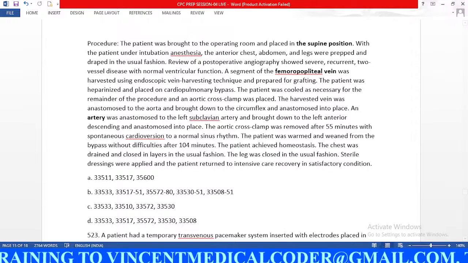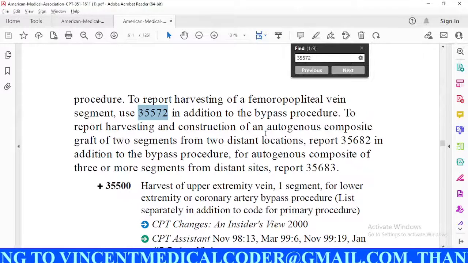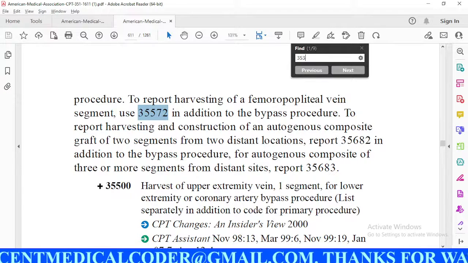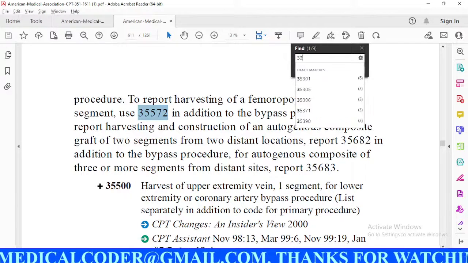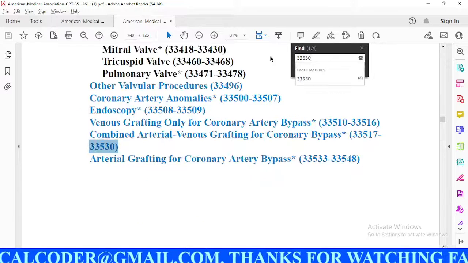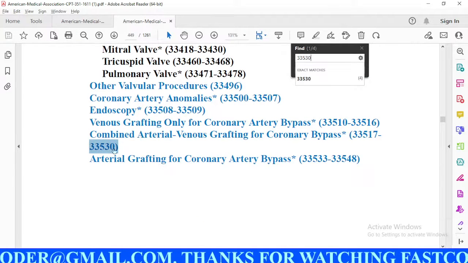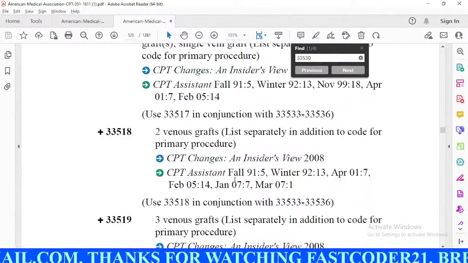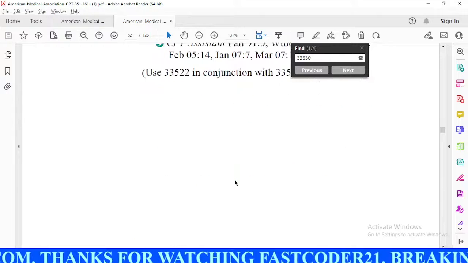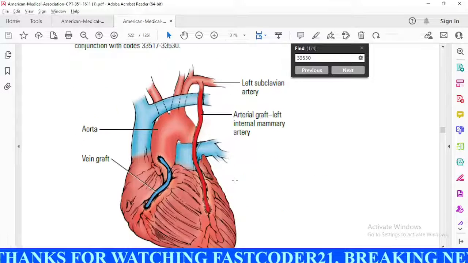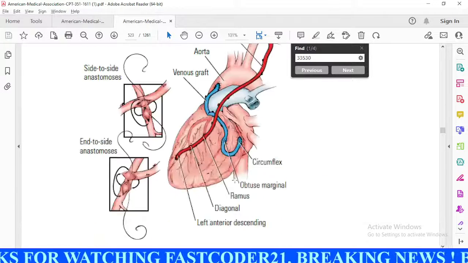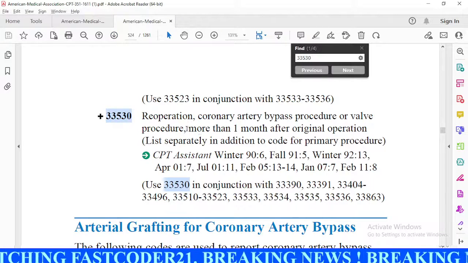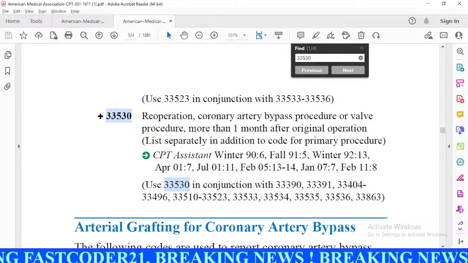Next one, 33530: reoperation, as the patient has had an operation prior.